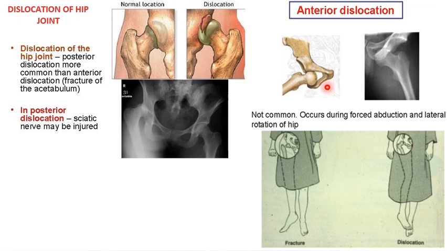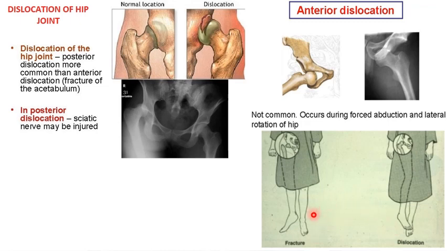So this occurs during forced abduction and lateral rotation of the hip. This anterior dislocation is not very common. The posterior dislocation is the common dislocation of the hip joint. So we can know by the position of the limb whether it is a fracture or dislocation.